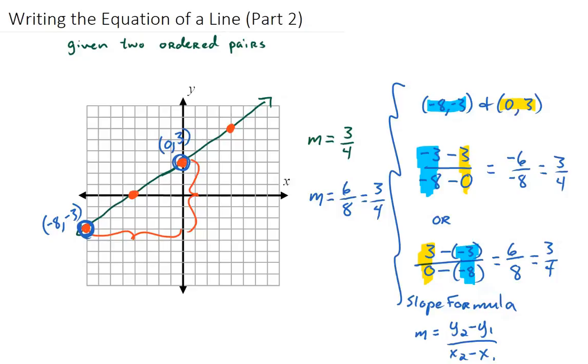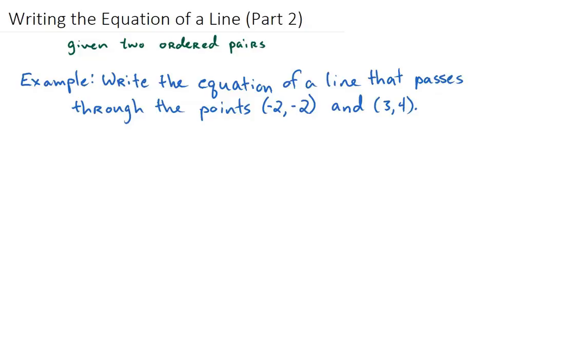Now what we're going to do is turn to actually writing the equation of a line when we're given 2 points. Let's say we have this example. Write the equation of the line that passes through the points -2 and 3, 4. When we're writing the equation of the line, we're going to use our slope-intercept formula of the line, y equals mx plus b.